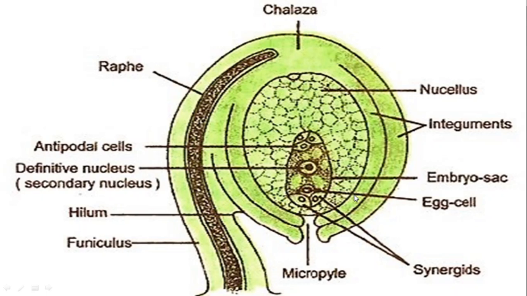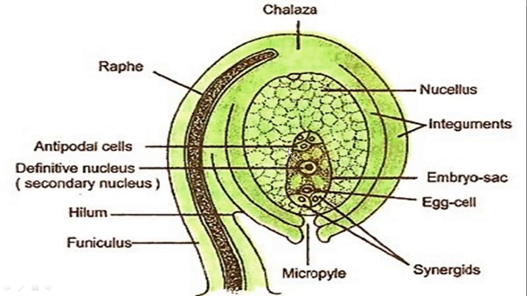The zygote develops into the embryo, but the other male gamete fuses with the secondary nucleus present at the center, which becomes triploid and develops into the endosperm. When the endosperm develops, it absorbs the nutrients from the nucellus.